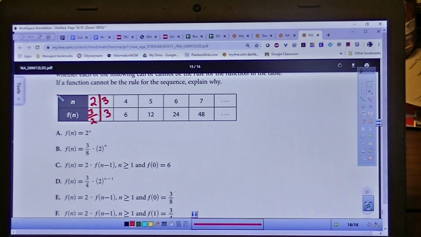Okay, well we're going to have to extend this out a little bit further over here because we need to get down to 0. 1. So what's half of 3 over 2? Well, that's 3 over 2 times 1/2. Well, that's 3 over 4. And then 0. Well, 3 over 4 times 1/2 again would be 3 over 8.